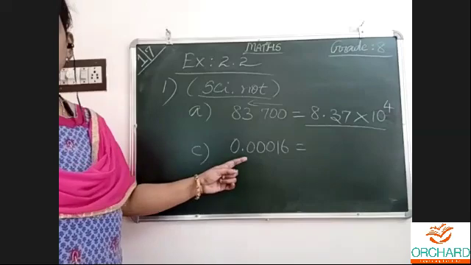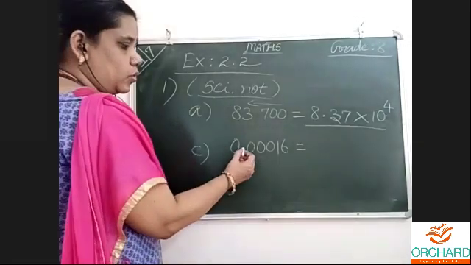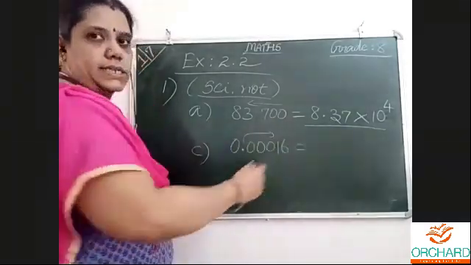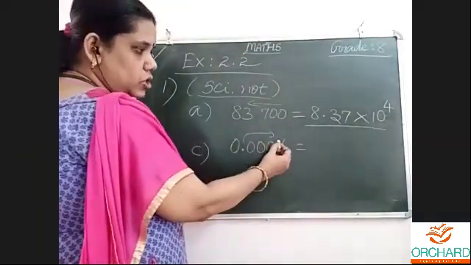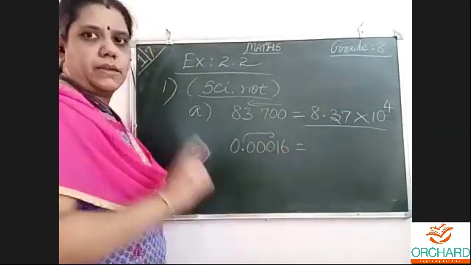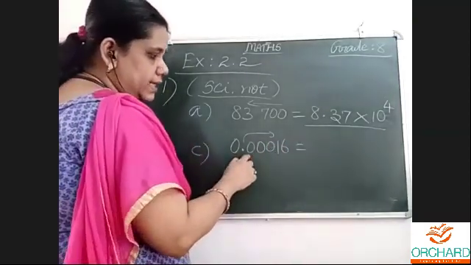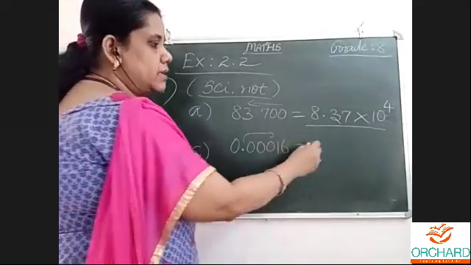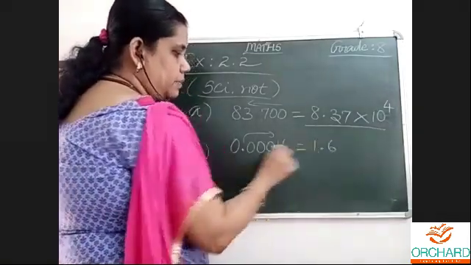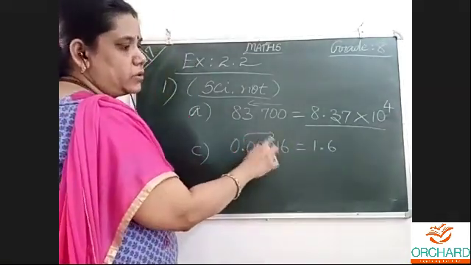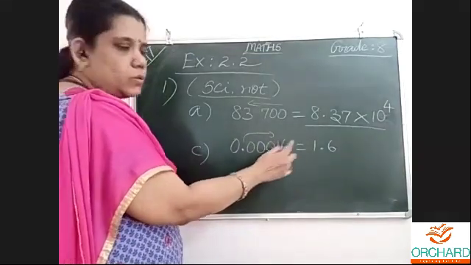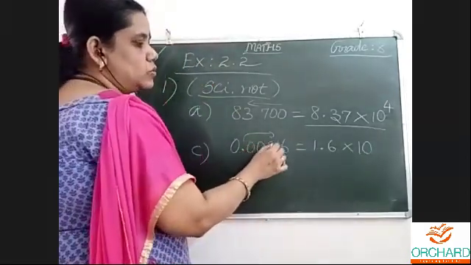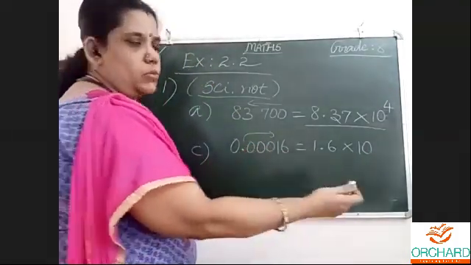Now, for this question, as I already told, the point is there. The point must be moved towards the right side. Where should we stop? We want one integer, where the number starts after the zeros. So after that I should stop. The point is moving and dropping here. 1.6 multiplied by 10 power, 1, 2, 3, 4, 4 digits I moved.